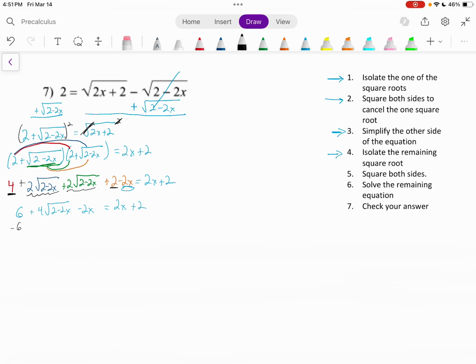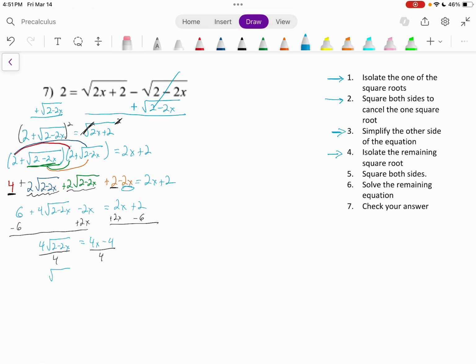There's only one square root left, which is good, so let's go ahead and isolate that. We can subtract 6 from both sides and add 2x to both sides, which leaves us with 4 times the square root of 2 minus 2x is equal to 4x minus 4. To finish isolating the square root, we're going to divide both sides by 4.